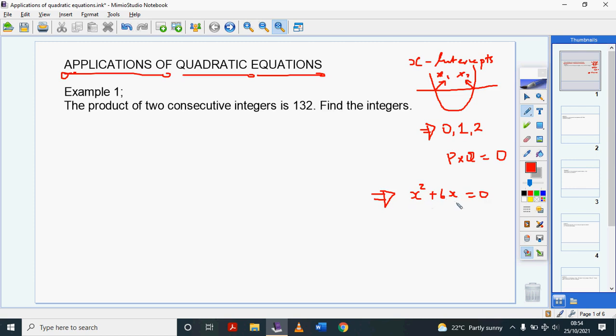Because this is not a full quadratic equation, most people got confused here. But all you have to do is factor out x, and then you have x times x plus 6 is equal to 0. Then you use the idea that if two numbers multiplied are equal to 0, then either one of them is equal to 0 or the other one is equal to 0. Then you take away 6 and you're left with x is equal to -6.